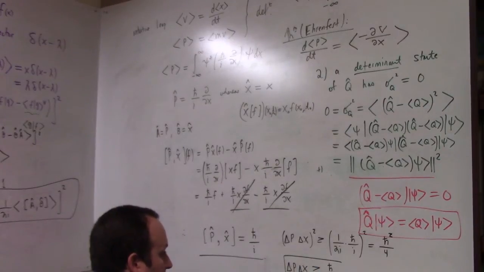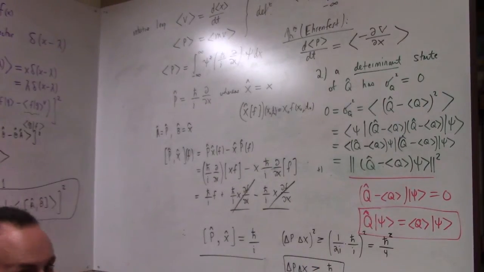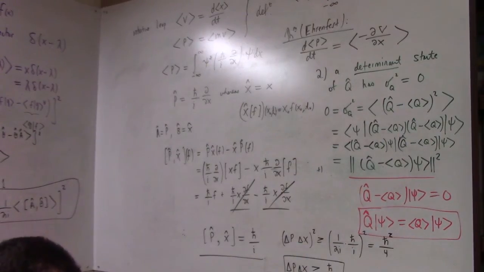I believe that is the famed Heisenberg uncertainty relation. Uncertainty in position times the uncertainty in momentum has to be greater than or equal to h bar over 2.